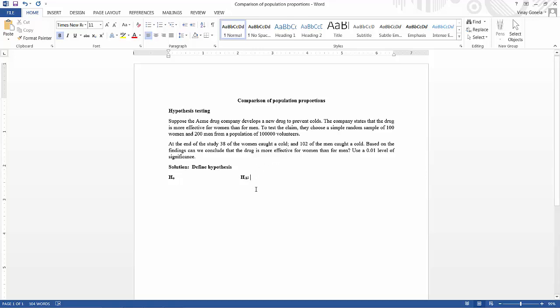I will write the alternative hypothesis first. Here the company states that the drug is more effective for women than for men.